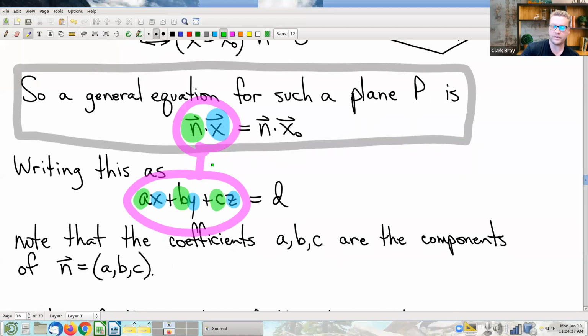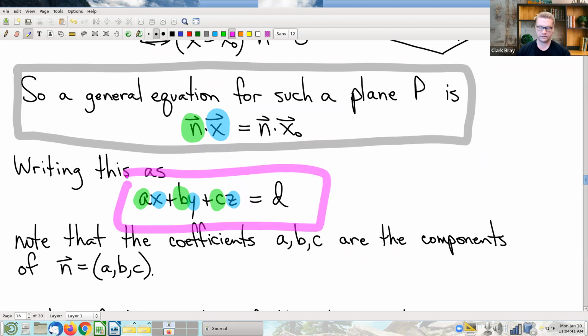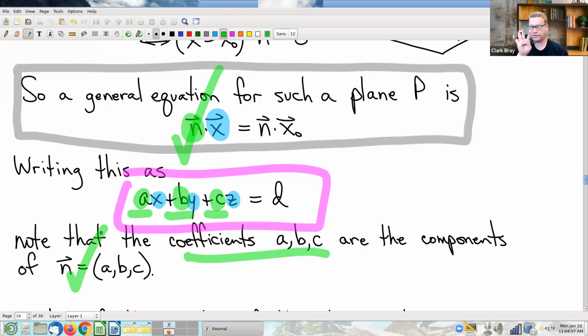When you have an equation of this form, then these coefficients are the components of that normal vector. So really cool fact, you can just at a glance at an equation for a plane instantly read off what is the normal vector for that plane.